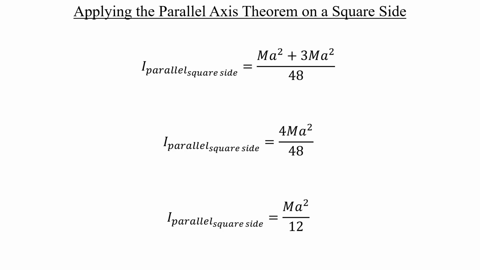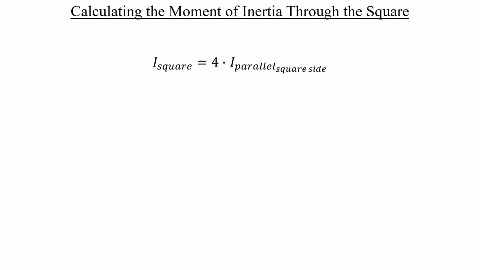This is the moment of inertia using the parallel axis theorem relative to the very center of the square for one individual side. And so what's left is to multiply this result by 4 to get the moment of inertia for the entire square relative to the center. So we just take 4 times ma squared over 12, and 4 over 12 can be simplified down to 1/3, and now we're done.